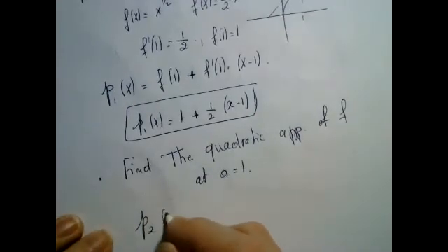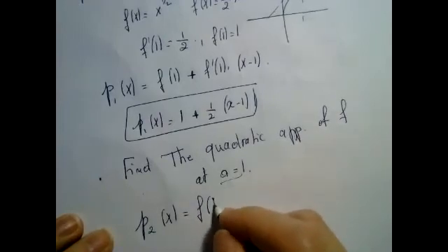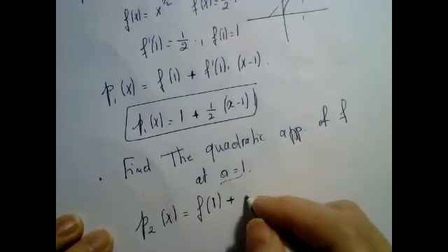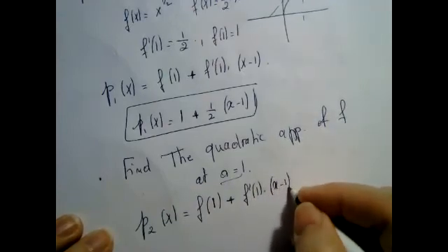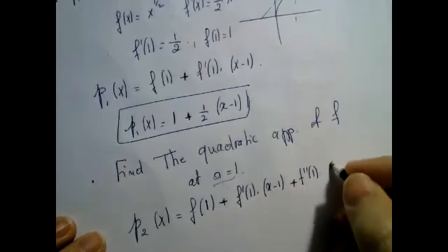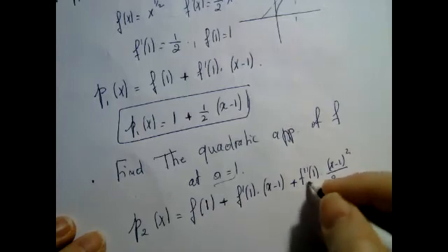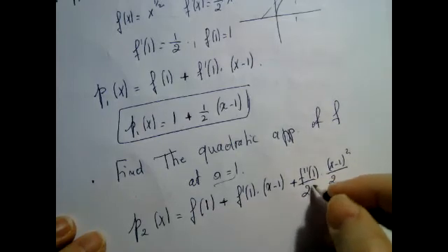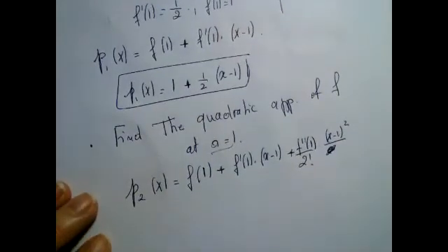So P2 of x is f at a, at 1, plus f prime at 1 times x minus a, plus f double prime at 1 over 2 factorial times x minus a squared.